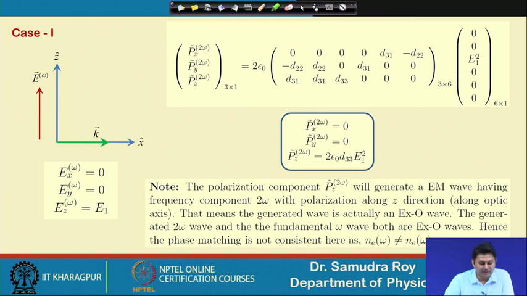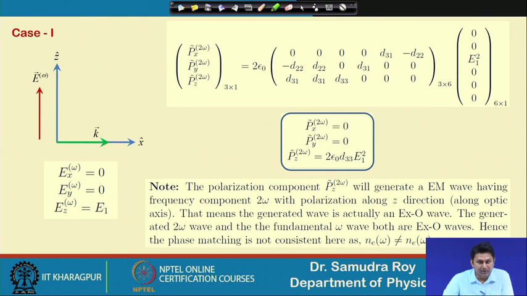The phase matching is in this direction only, so the electric field that we can launch, this trivial case, is in the z direction. Readily you can understand that this fundamental electric field is not an ordinary wave, it is an extraordinary wave.